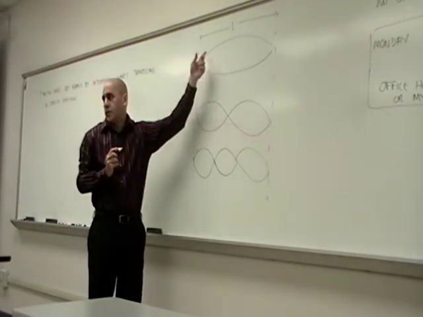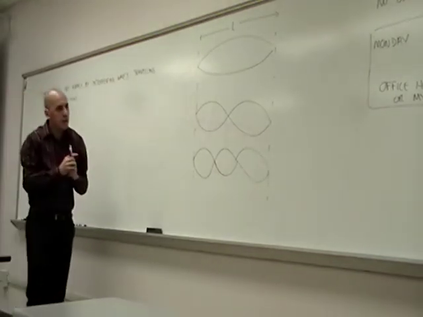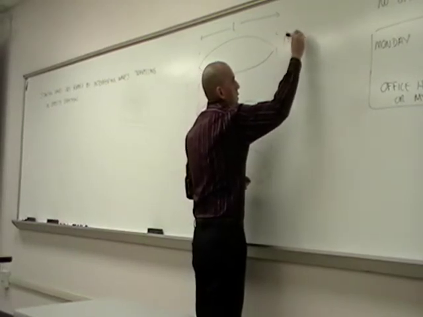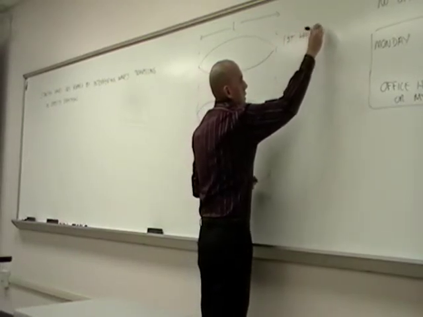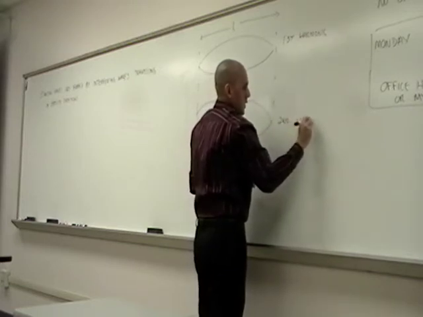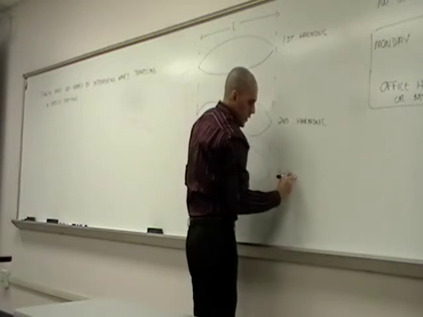So that's what the L is, just the length of the string or the rope. We call this first one here the first harmonic, second harmonic, and so on.